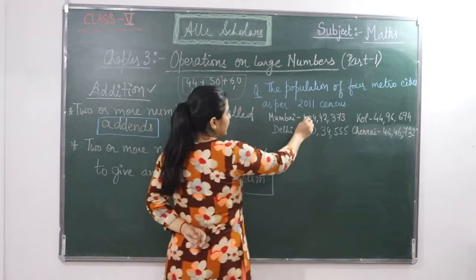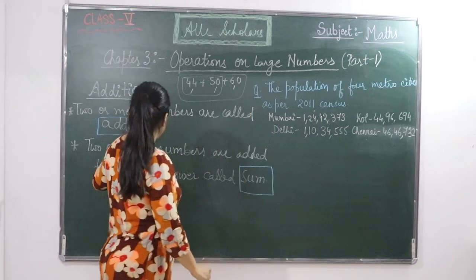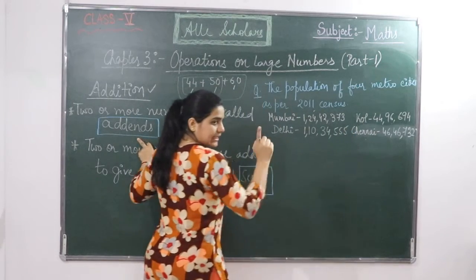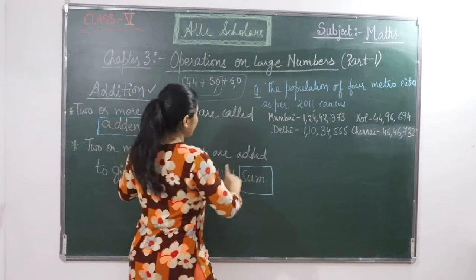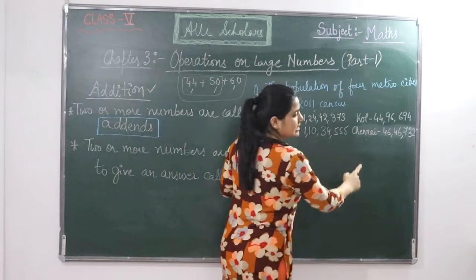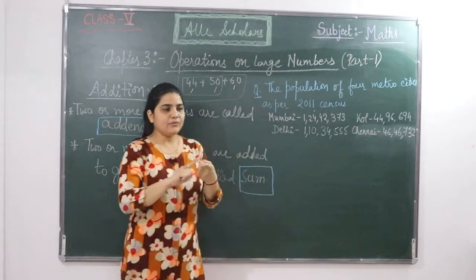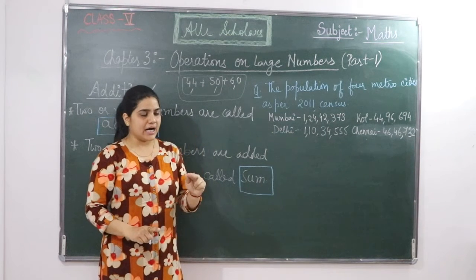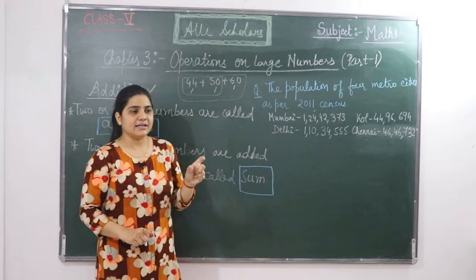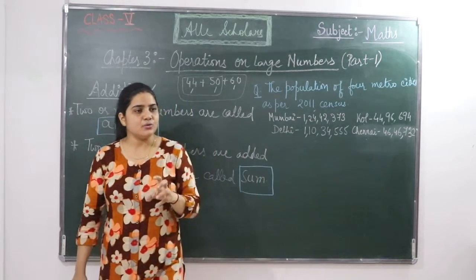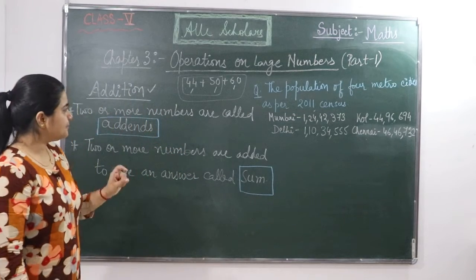So this one population is the addend 1. The population of Kolkata is addend 2, the population of Delhi is addend 3, and the population of Chennai is addend 4. And when we add addends 1, 2, 3, 4, we get a result, that is the sum. Now we will see the procedure, how to add these large numbers.